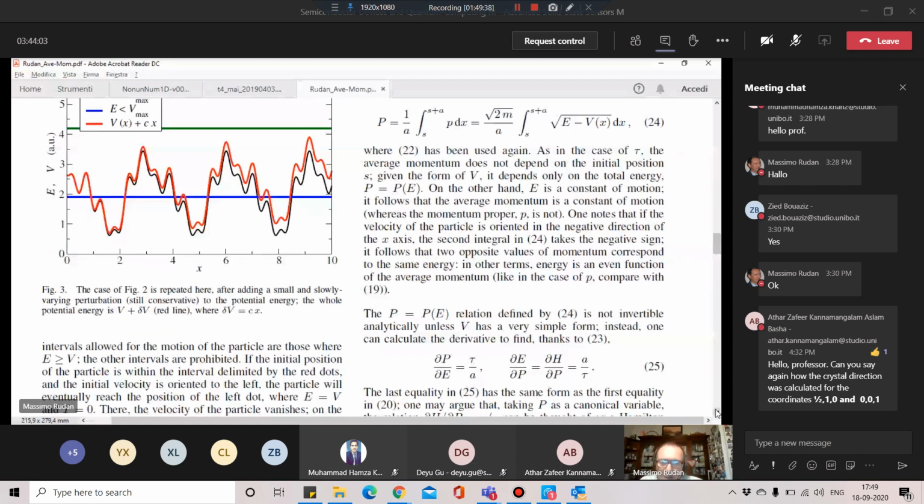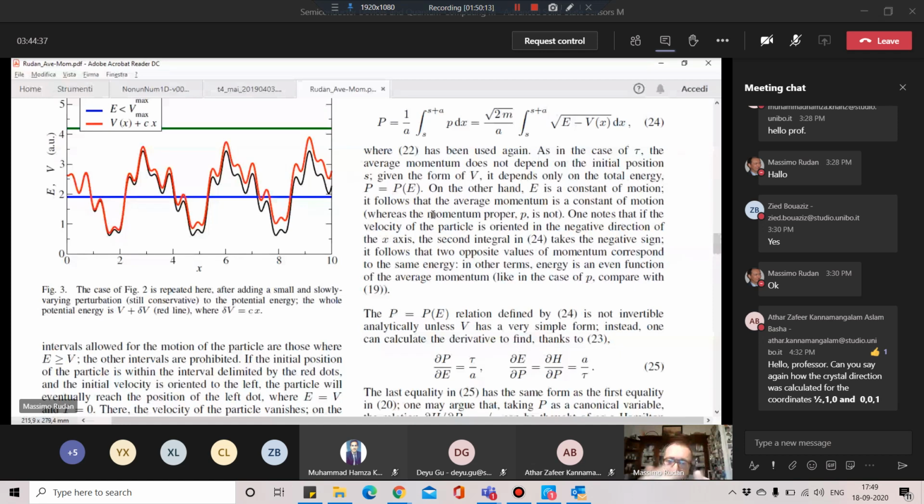The average momentum does not depend on time, okay? So if you consider the average momentum, it is like having a free particle, because you remember for a free particle, momentum is a constant. This is not a free particle because it is subjected to the potential energy, so it is not free. But if you take the average momentum, you obtain a constant of motion, okay?